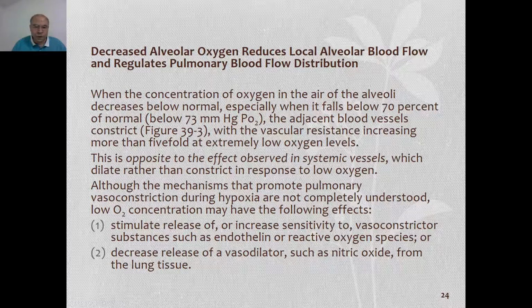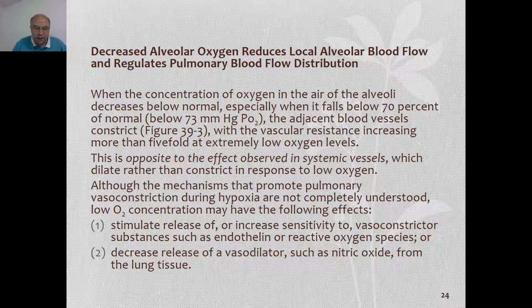so this is opposite to the effect observed in systemic vessels, which dilate rather than constrict in response to low oxygen. Remember, in systemic circulation, when there is hypoxia in a tissue, it was one of the local factors causing vasodilation, so increasing the blood flow to that tissue.